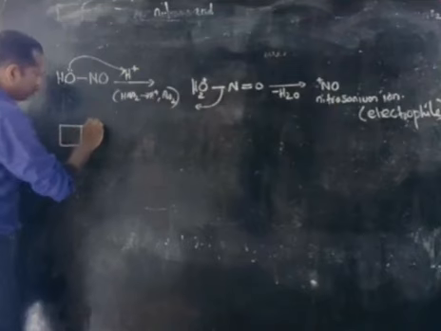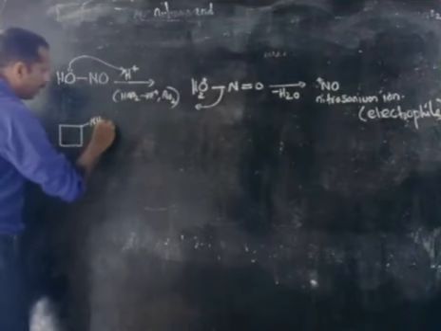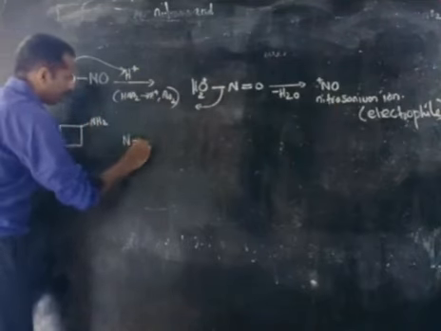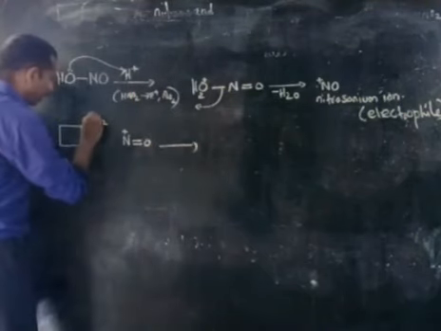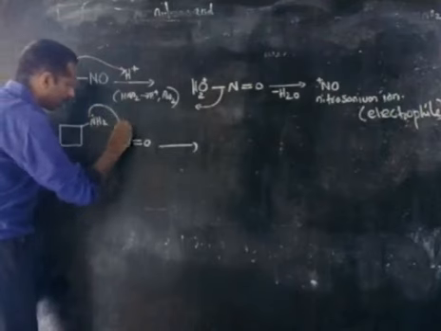Now in the second step, look here. We have NH2 and our nitrosonium ion. You can see that the lone pair of electrons is attacking this positive charge.